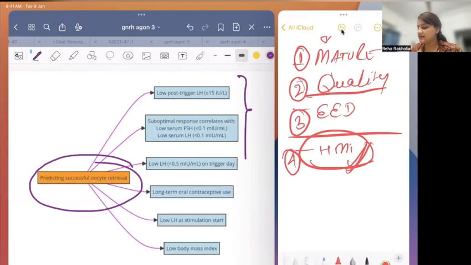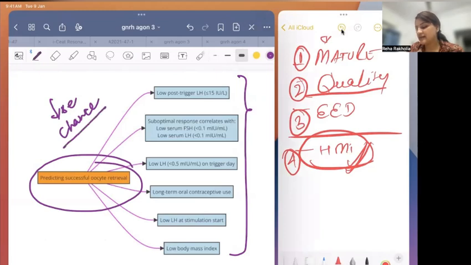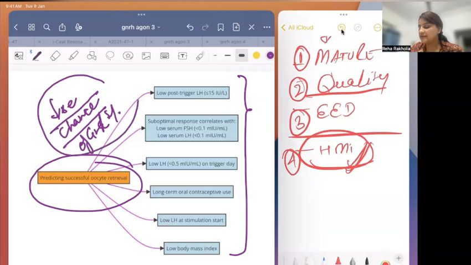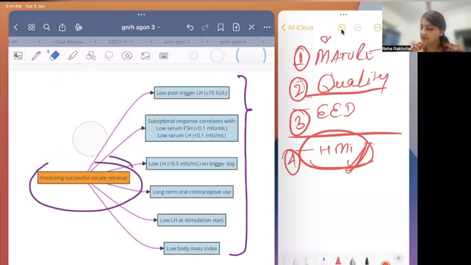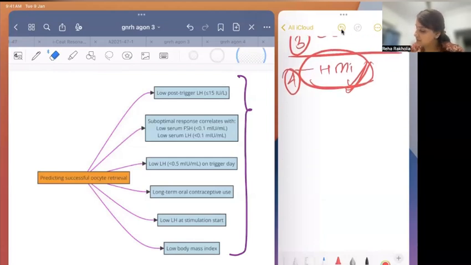In all these conditions, there are decreased chances of successful oocyte retrieval and decreased chances of the GnRH agonist trigger working. That means it won't work in these conditions. What are these conditions? First, post-trigger LH less than 15 international units per liter.